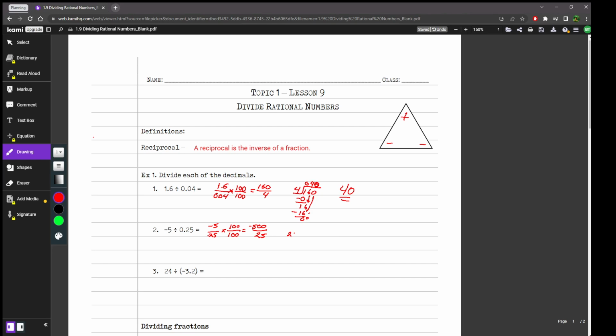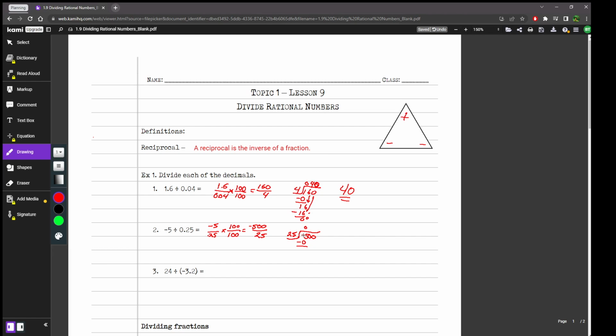And I'm just going to do my division problem here. Let me draw that better. Okay, well, 25 goes into 5 0 times. 0 times 25 is 0.